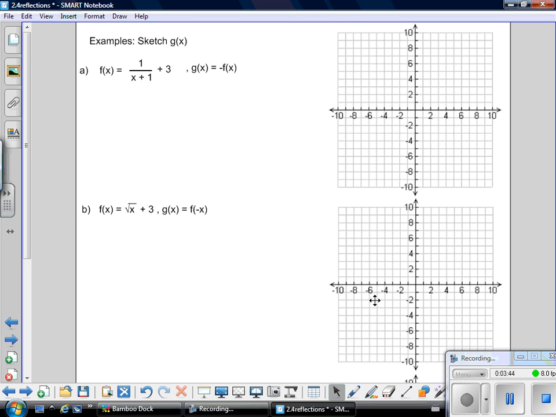We know that it has asymptotes. And because of the translation, we know that the x value of the asymptote here would be at negative 1, so I'm just going to put that so we have it. We also have the other one at y equals 3. From that, we know a few different things.